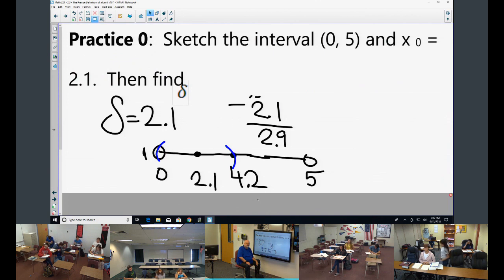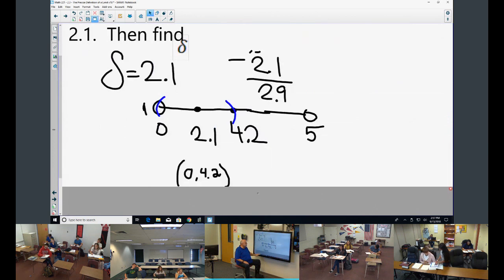Now, the other question that I might ask from this is, what's the range of acceptable values? And so from your target, your 2.1, you would add and subtract delta. So then it would be from 0 to 4.2.